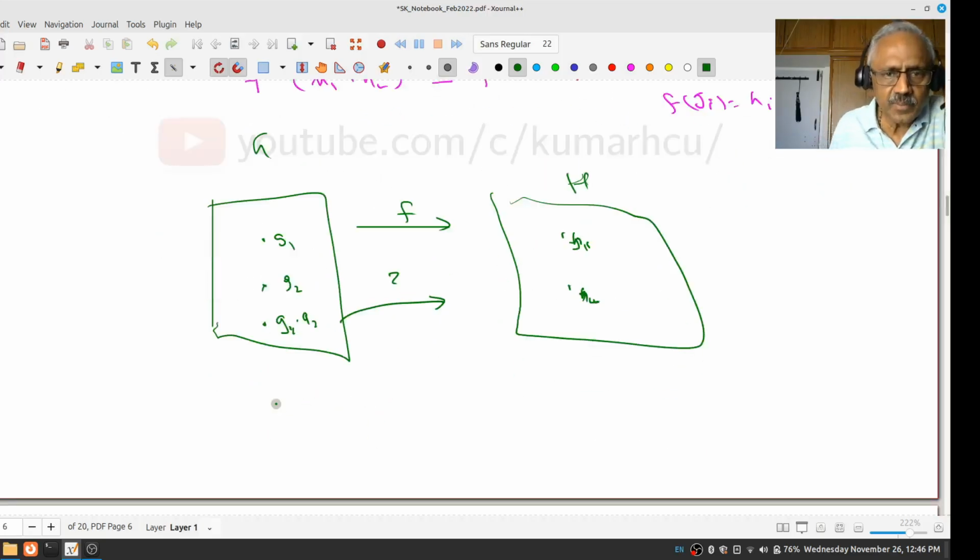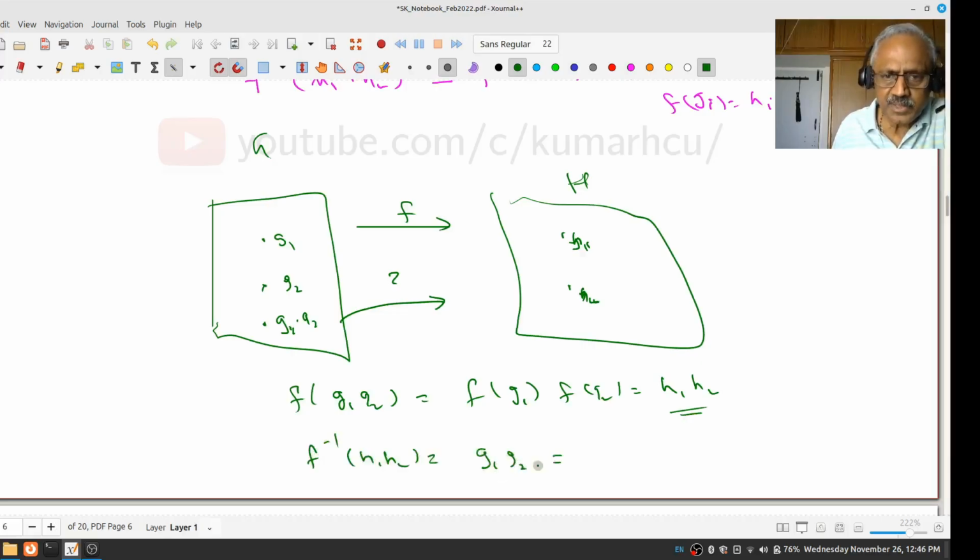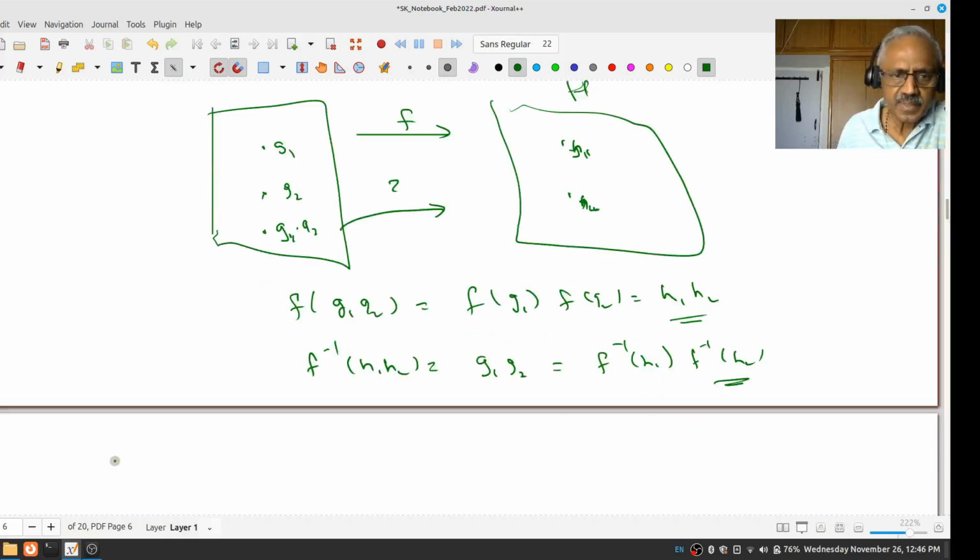It goes to F of G1 G2. Since F is a group homomorphism, it will go to F of G1 times F of G2. That means it goes to H1 H2. Therefore, what is F inverse of H1 H2? By definition, it is G1 G2. But G1 is F inverse of H1, and G2 is F inverse of H2. So we proved it.